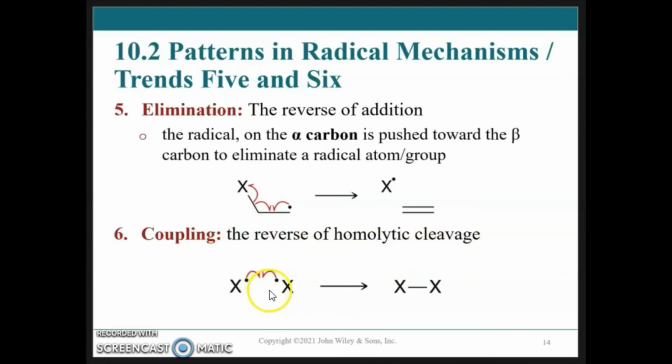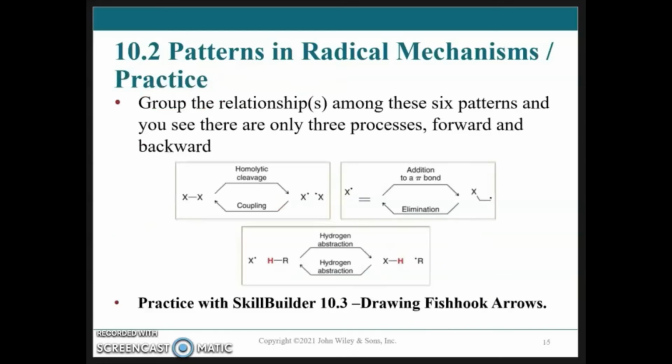And in the beginning, I mentioned that homolytic cleavage is always endothermic, and this coupling reaction, with the 2 radicals coming together to form a bond, will always be exothermic. So what we want to remember is that the homolytic cleavage and the coupling reaction can be thought of as opposites of each other.